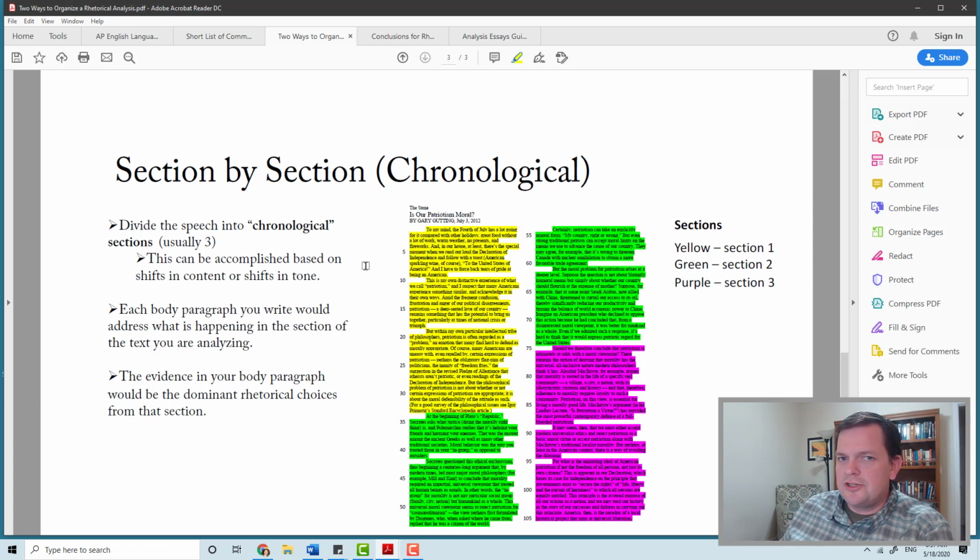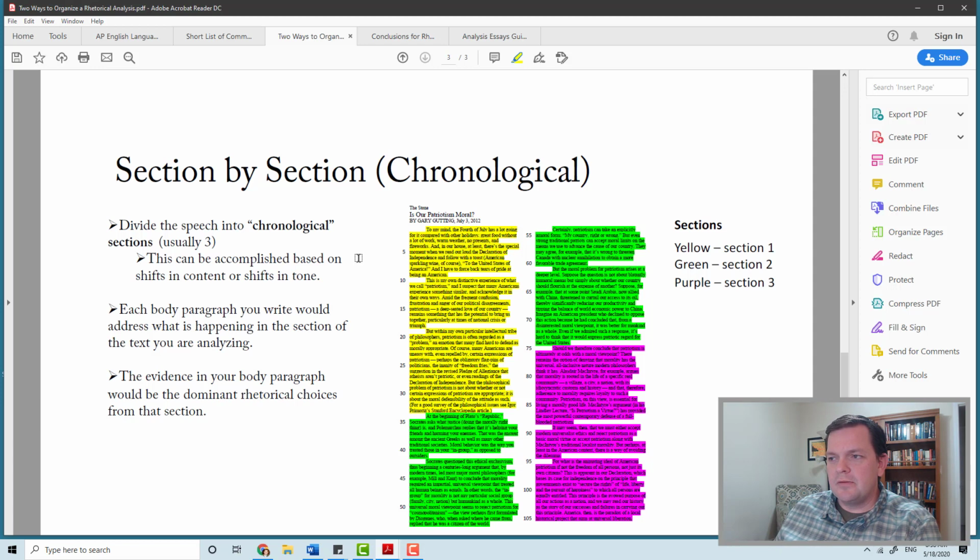And so it may be a change in tone, it may be a change in subject matter, it may be a change in context, and you need to pick up on this as you're reading. But this is just a different way to analyze your paper, or to organize your paper.